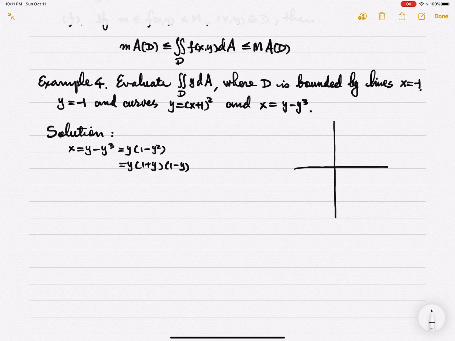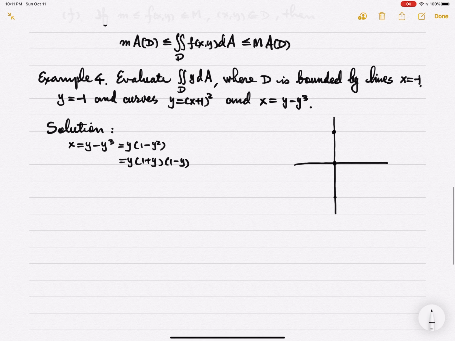Which means when y equal to 0, x equal to 0. Suppose y equal to 1, x equal to 0. When y equal to negative 1, x equal to 0. So you think about it on the y-axis, x has 3 zeros.